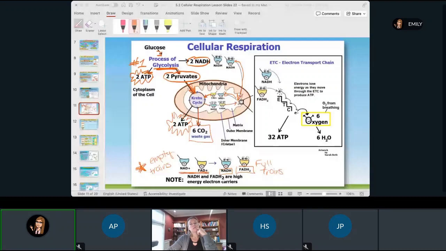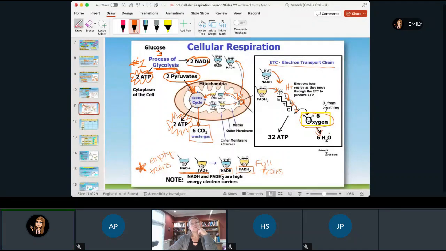And so the NADH and the FADH2s from all of the processes end up here at the inner membrane to go through the electron transport chain. So all of the NADH and FADH2s drop off the electrons and my hydrogens. They go down the chain. They combine with oxygen.